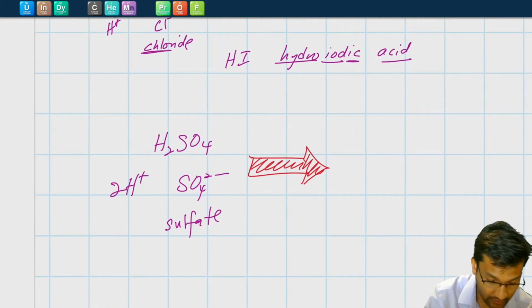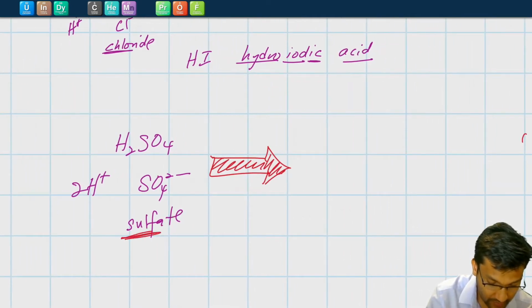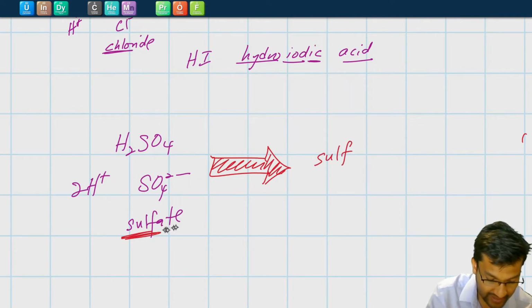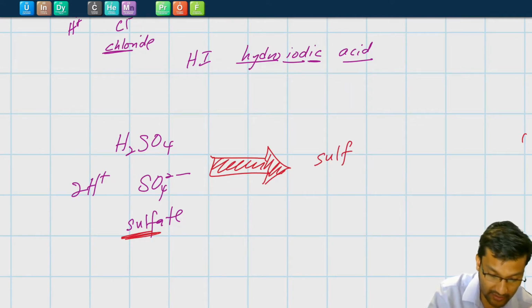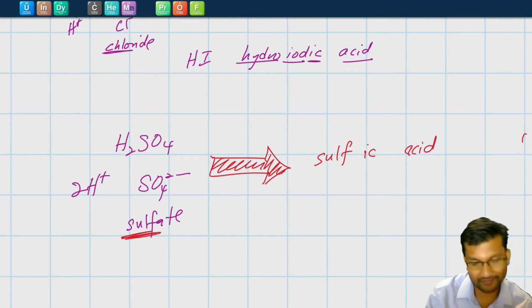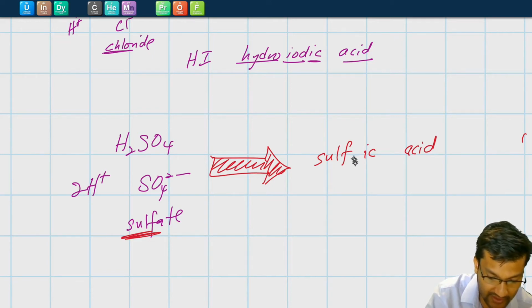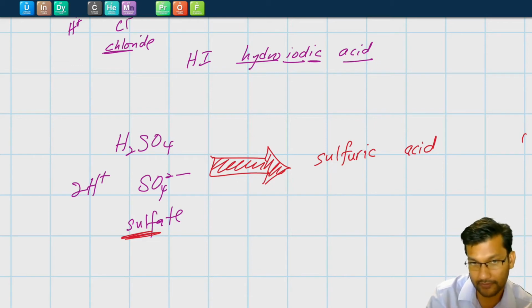There's no hydro. We just take the base name of the anion, sulf, and instead of ate, we end with ic. So this would be sulfic acid. Now, sulfic doesn't sound as good. This is the only one that's sort of weird, but instead of sulfic, we actually write sulfuric acid.